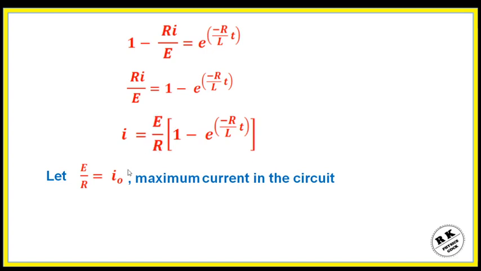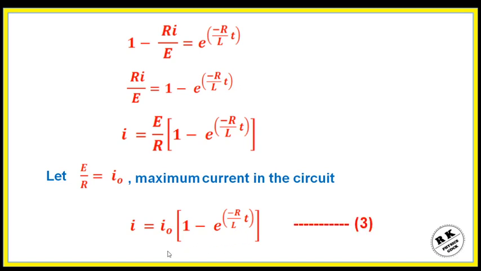We can assume it as I naught, which is the maximum current in the circuit. Then the equation becomes I is equal to I naught times 1 minus e power minus R by L times t. This is the equation of instantaneous current in the LR circuit during growth of current.